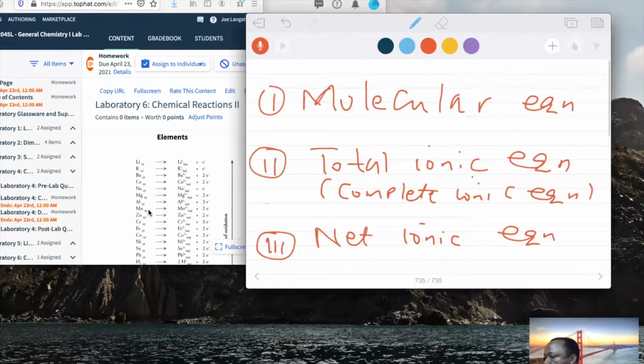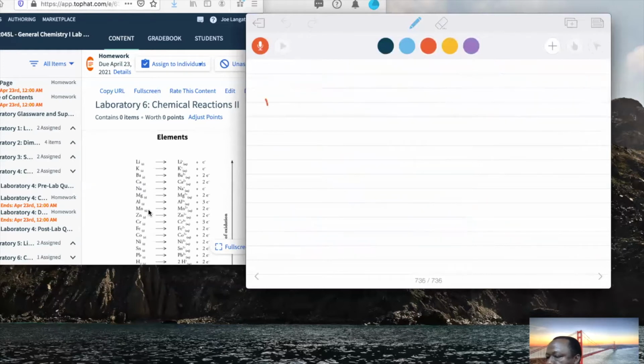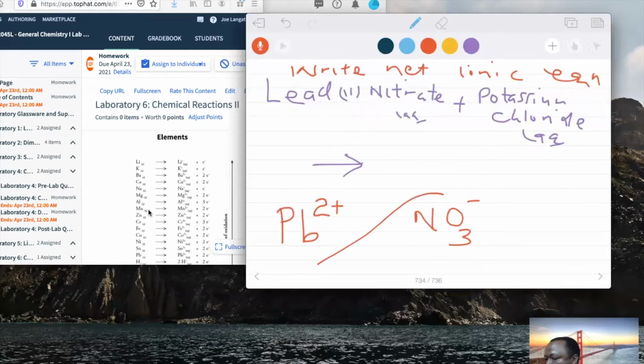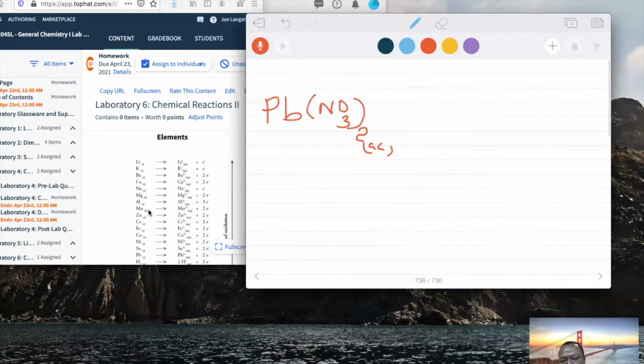With that, I'm going to write down the formula for my first reagent, the chemical formula for lead II nitrate. I'm using the crossover rule here, bring 1 down there and bring 2 down there, and use parentheses wherever you have the polyatomic ion.